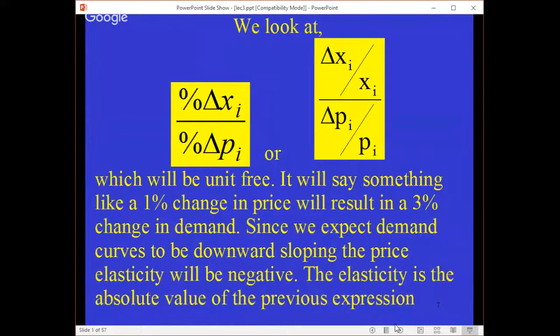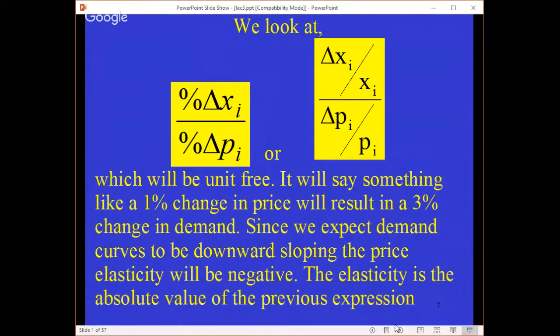I have the change in xi over xi, over the change in pi over pi, and doing algebra, I can bring xi into the denominator and write that as the change in xi over xi times the change in pi times pi.